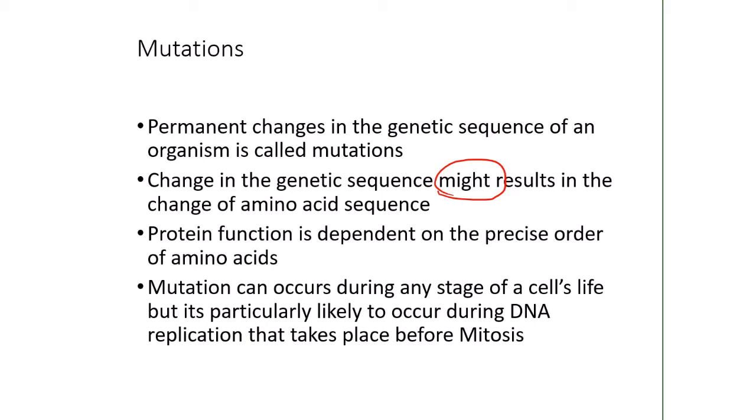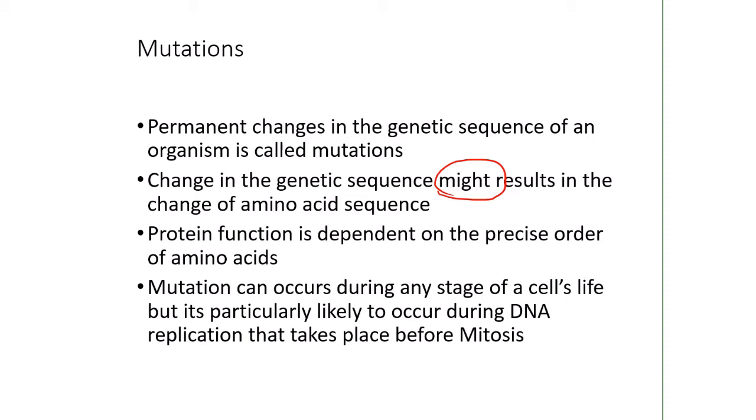We have more codons than we have amino acids. So if the change results in a codon that encodes for the same amino acid, then you will not be changing your amino acid sequence in the end, which is a good thing.